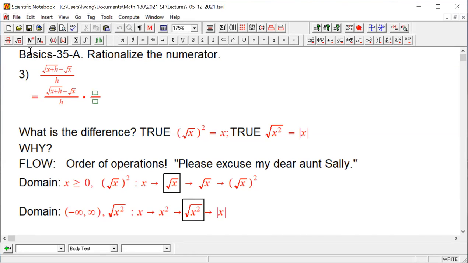We're gonna multiply the conjugate. You guys know the word conjugate, do you? Yeah, the conjugate of the numerator.